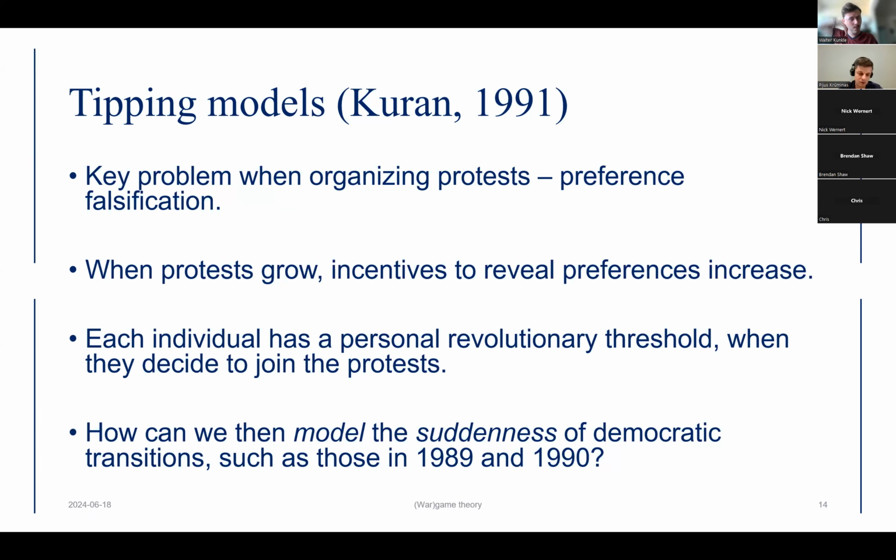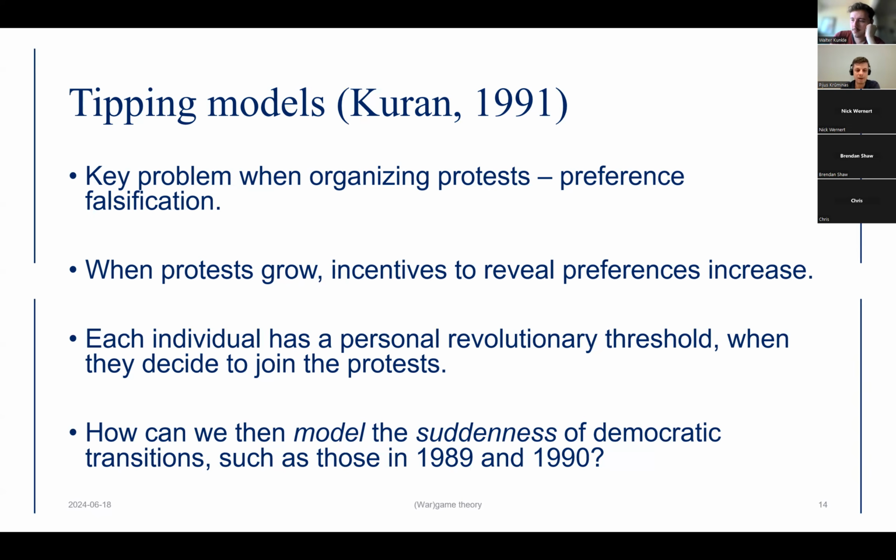Because if you say that you don't really like the government, you will be punished in one way or another, depending, of course, on the type of dictatorship and the level of authoritarianism in that country. So you have an incentive to hide your true political preferences. But when protests grow and more people join, incentives to reveal these preferences may start increasing, meaning that many people are already out there in the streets.